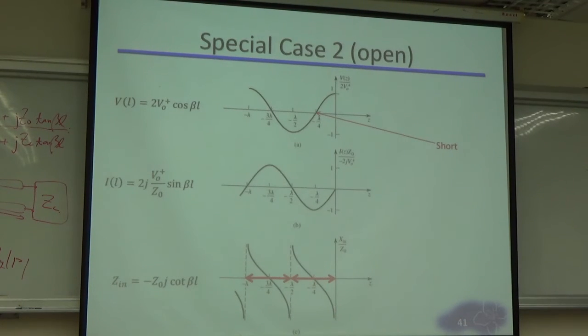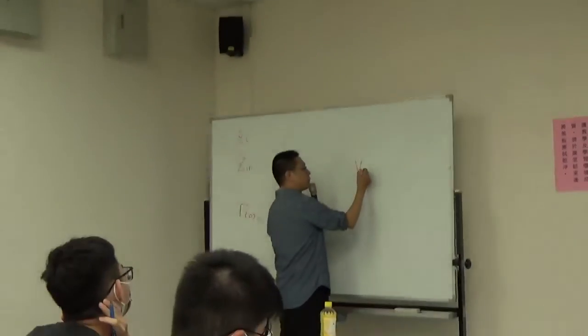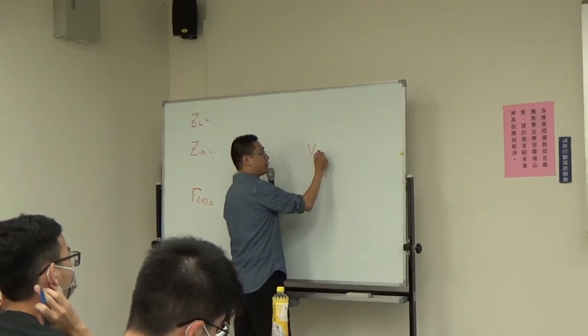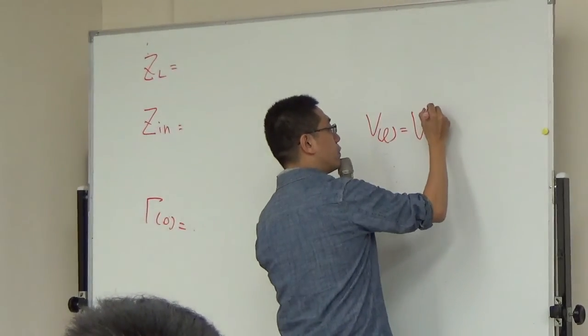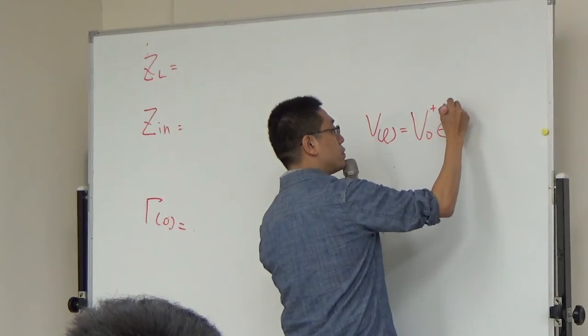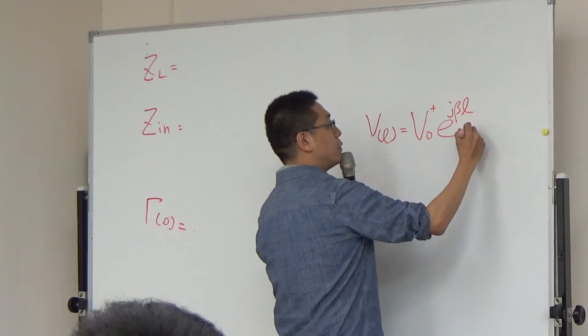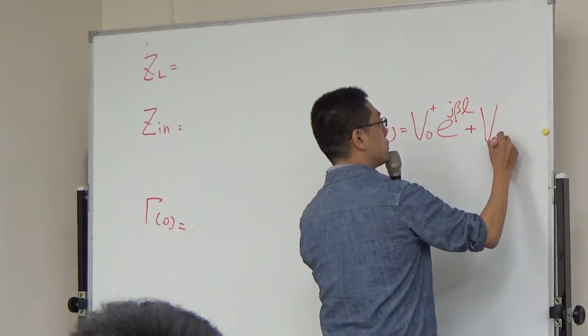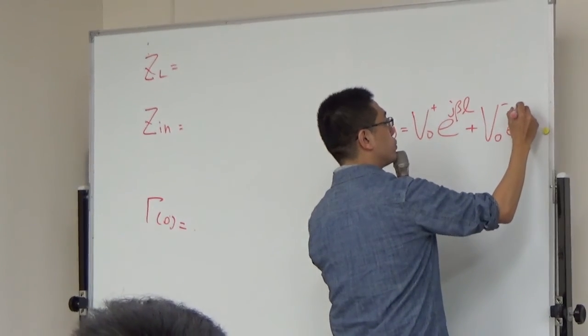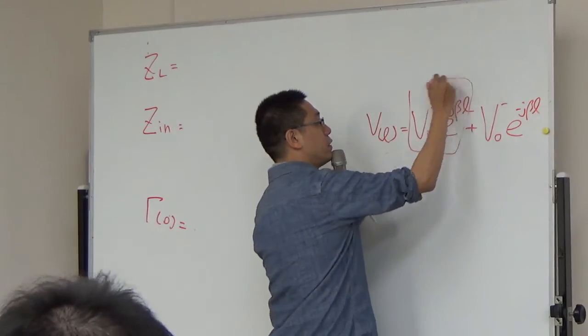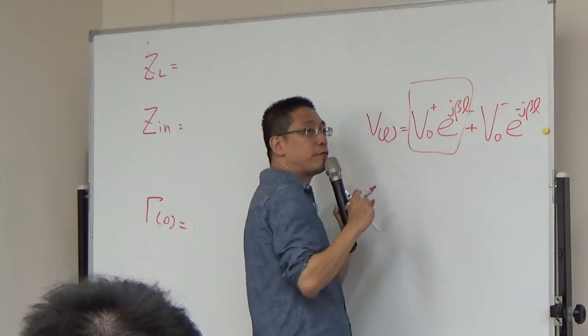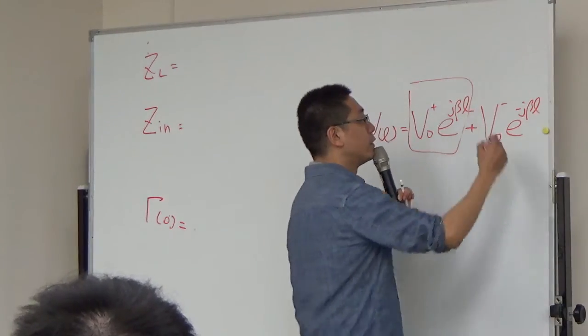Because when I told you from the telegrapher's equations, your total voltage equals V0 plus exponential minus j beta L plus V0 minus exponential plus j beta L. This is the positive forward voltage wave.